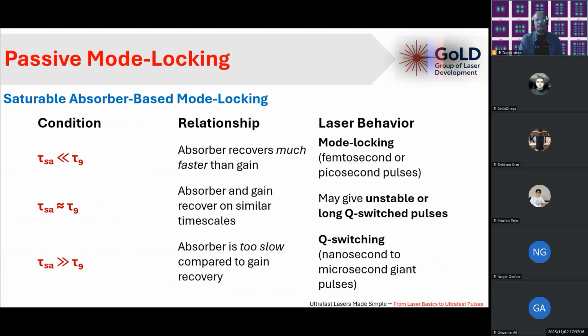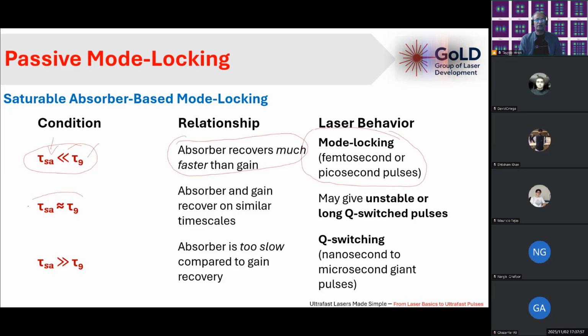You see here, if the saturable absorber's recovery time is less than the decay time, the absorber recovers much faster than the gain. Okay. Then we get mode-locked pulses. They can be femtosecond or picosecond.